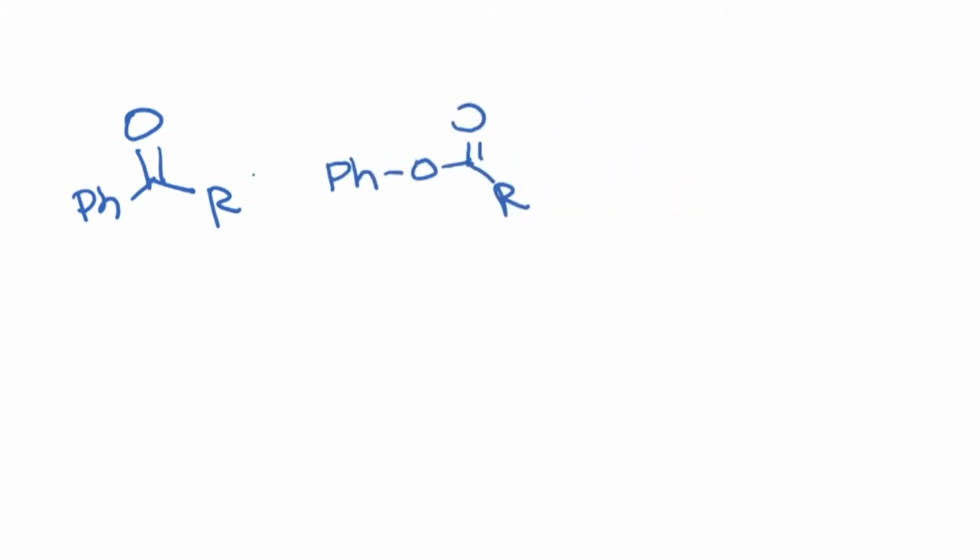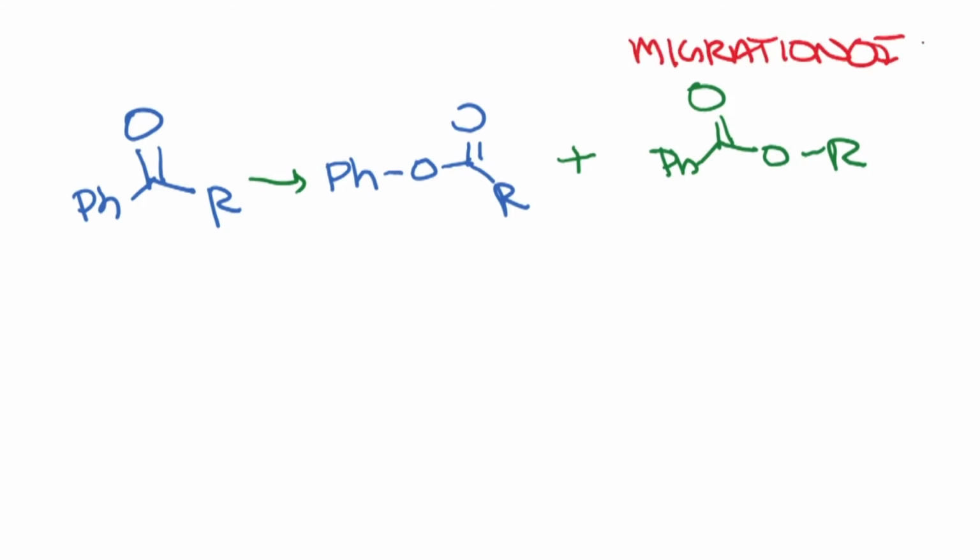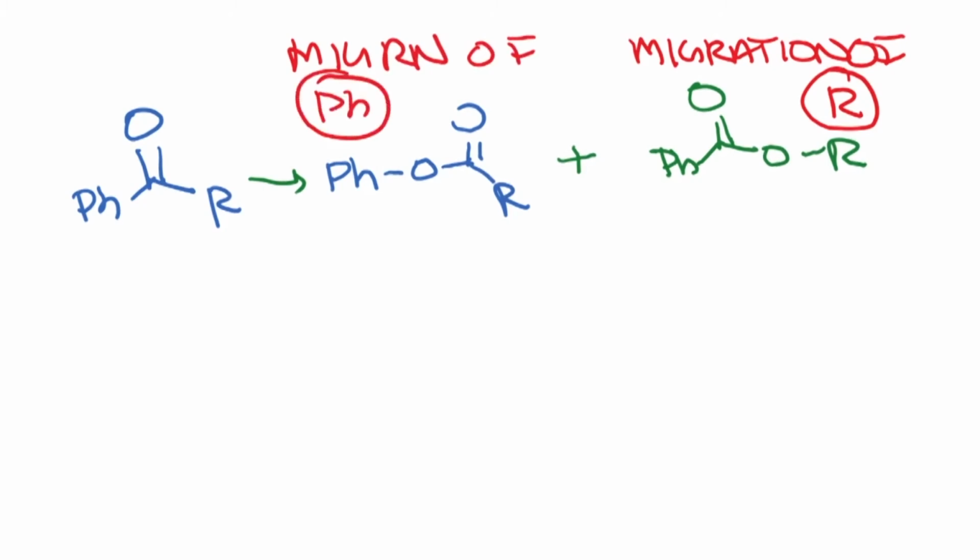The conditions are the same: you add a peracid, and the second possibility is that you have C=O R. Just to be clear, migration of the R group gives you this product. The migration of phenyl gives you this product. So that's important for us to understand.